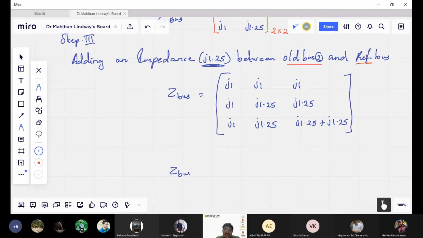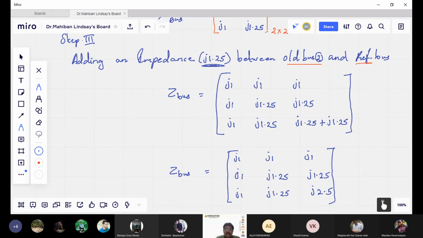In the next step, here J1 as it is, here also J1, here also J1, J1 here, J1.25, and here J1.25, and here J1, and here J1.25, and here J2.5. Because 1.25 and 1.25, if we add, gives 2.5, right?